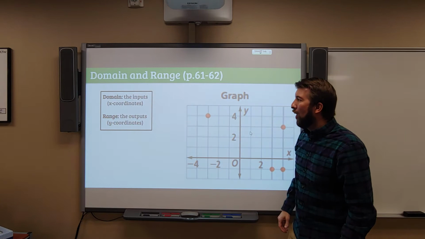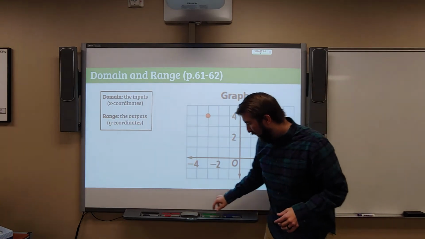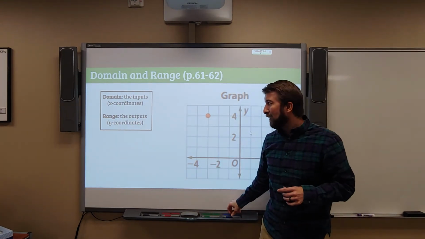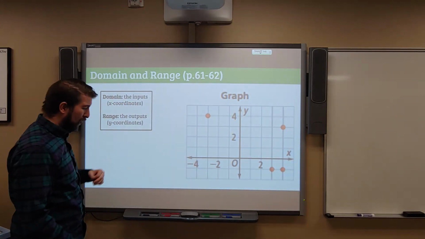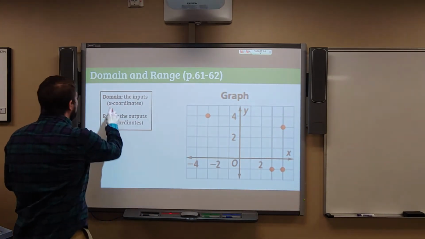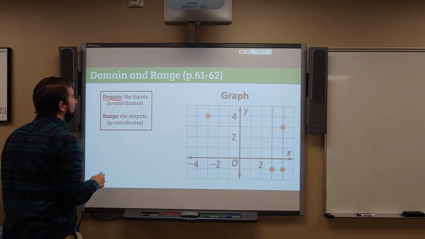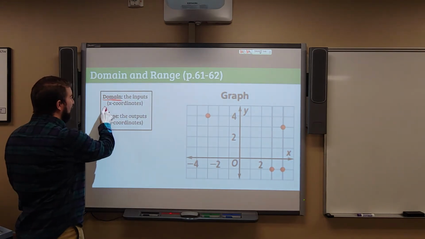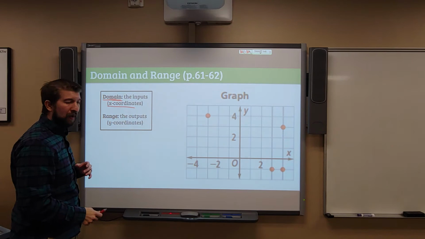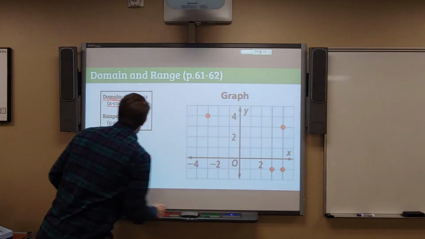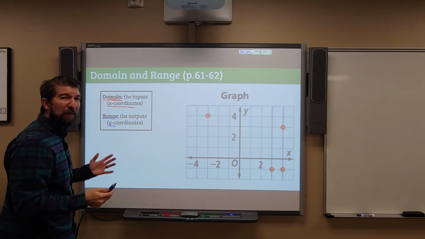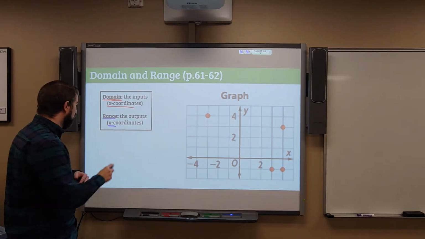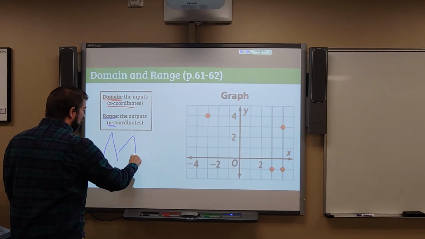All right. So what you're going to see a lot of in Algebra 2 is you're going to see these 2 terms, domain and range, okay? So the domain refers to the inputs or the x coordinates. The range refers to the outputs or the y coordinates. The way I remember this is I think of a mountain range. And so mountain ranges, they go up.